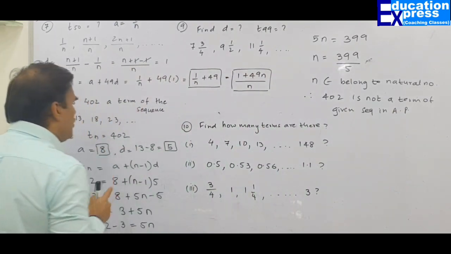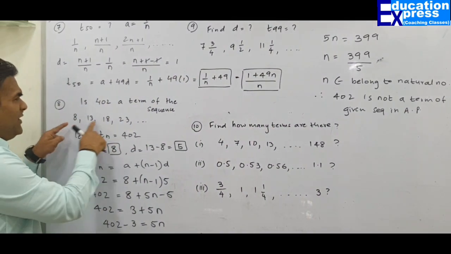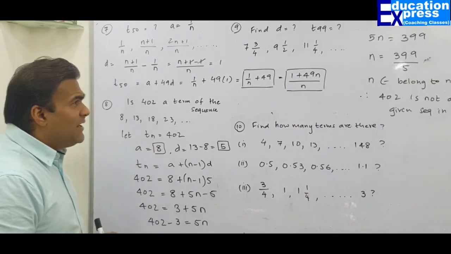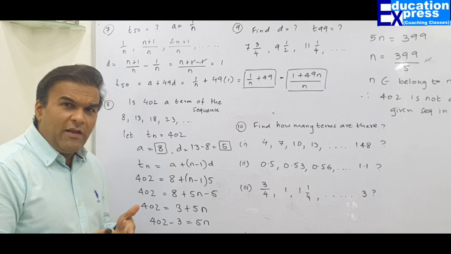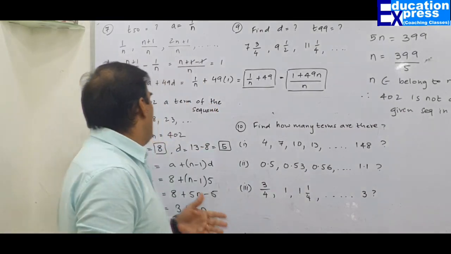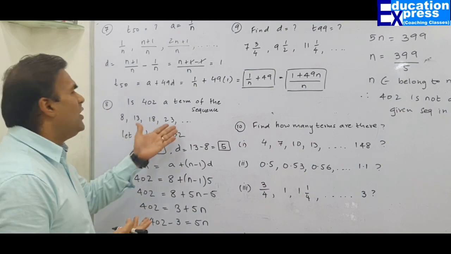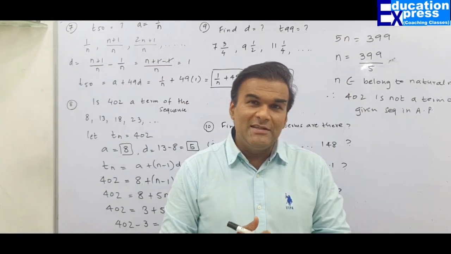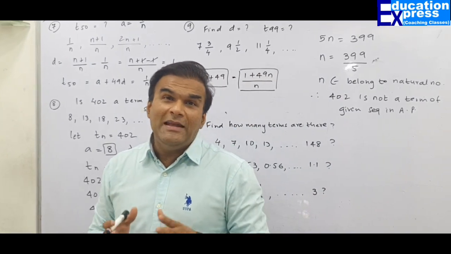If 402 had to be a term of this sequence, then it should have reflected that yes, it is the 5th term or the 15th term or maybe the 25th term or the 37th term, and so forth. The term number has to be a natural number. The term number cannot be in fractions. The term number cannot be in decimal.